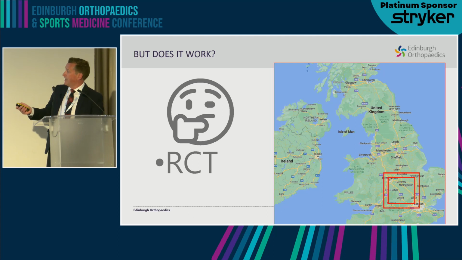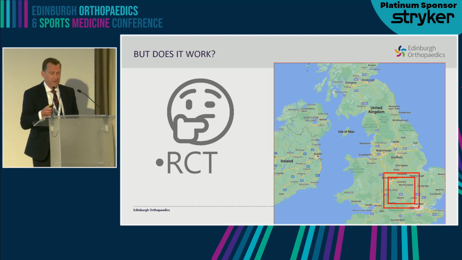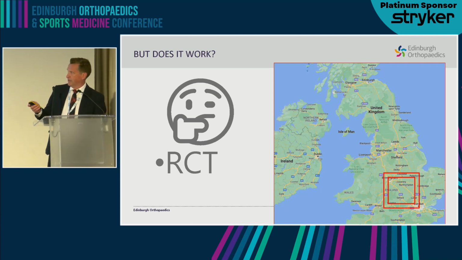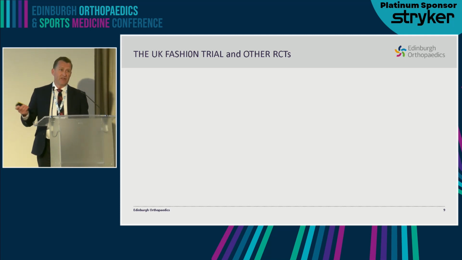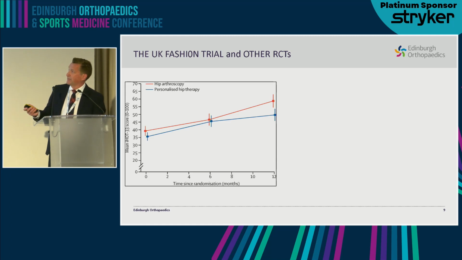But in the UK, we've actually had two centres, one in Oxford and one in Warwickshire, who've set up these fantastic randomized controlled trials in this field to help people like me justify what we do and prove that what we do is a good thing. And so the one from the Warwick group is the Fashion trial. The Oxford group was called the Fate trial. But in fact, there have been several other RCTs published in this field around the world over time.